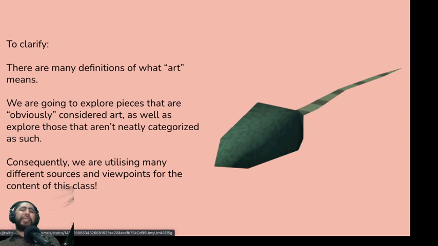So we're going to talk about different definitions of art. Some of the things are definitely going to be universally considered art. Some of the things might be contested, that maybe this probably isn't art. So we're going to talk about a lot of different definitions of what art can be and what it might exclude and what it might include.